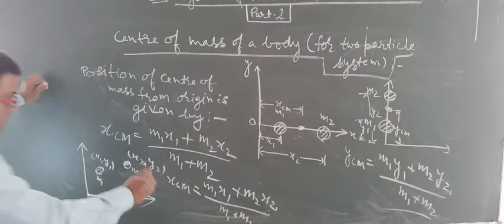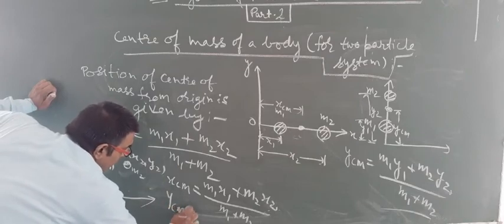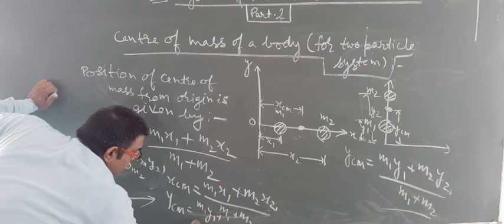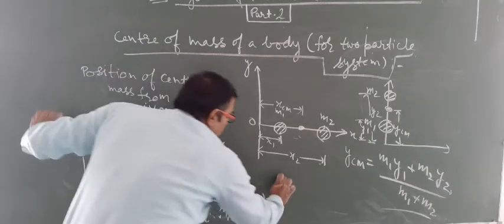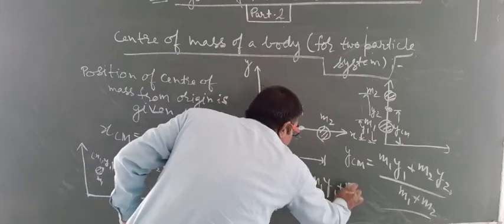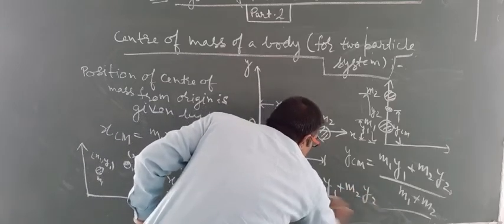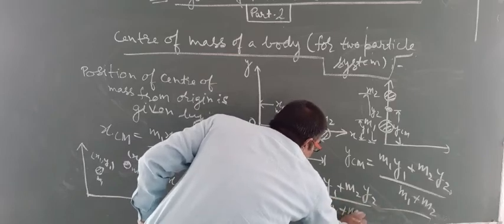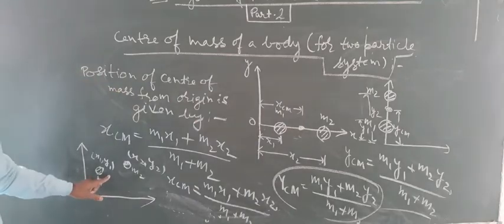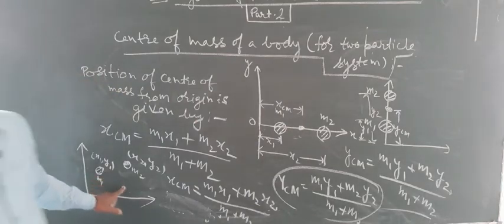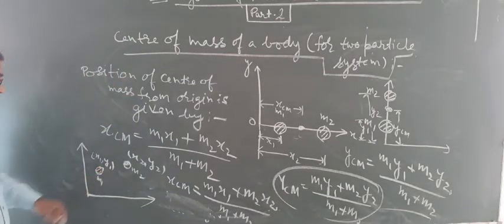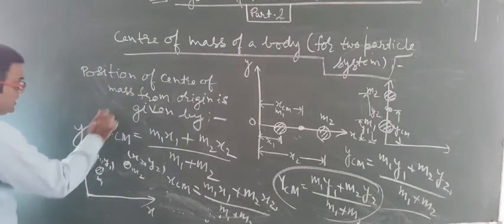Now ycm is equal to m1 y1 plus m2 y2 upon m1 plus m2. So in this case we will get the center of mass on both the axes, that is x-axis and y-axis, because the object is lying on the two-dimensional plane, that is the xy plane.